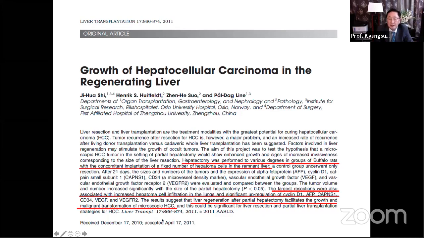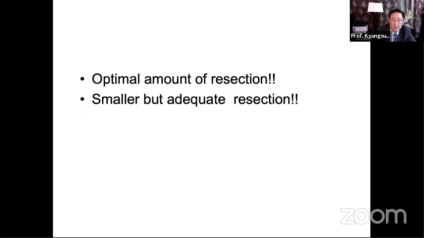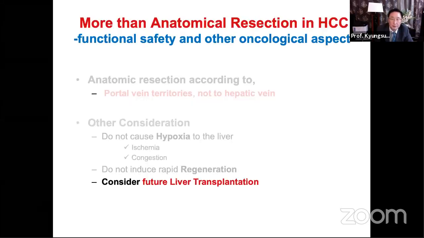They suggested that liver regeneration after partial hepatectomy facilitates the growth and malignant transformation of a microscopic hepatocellular carcinoma. So an optimal amount of resection, smaller but adequate resection, is necessary from an oncological view.